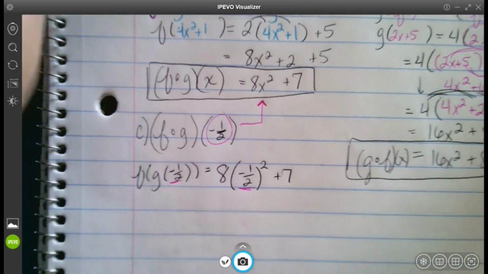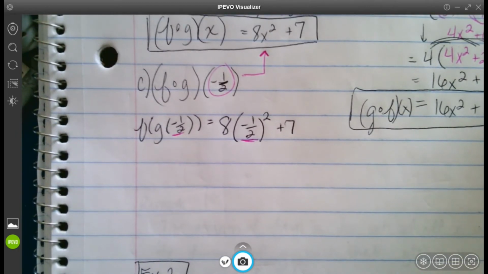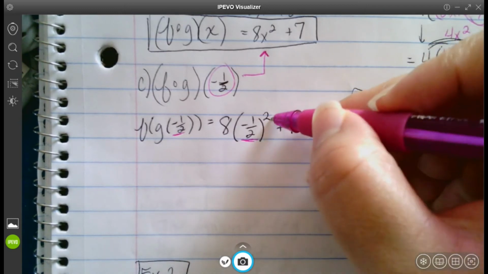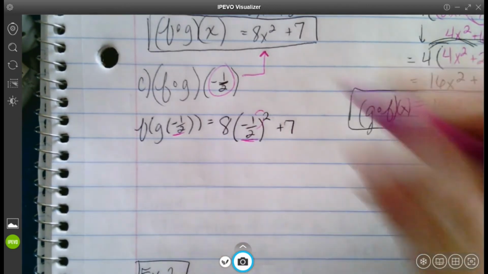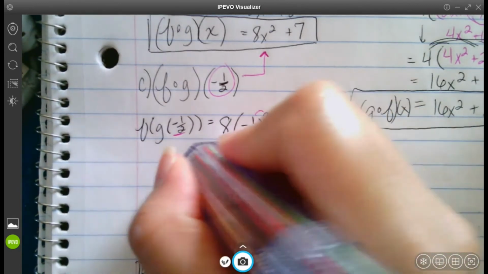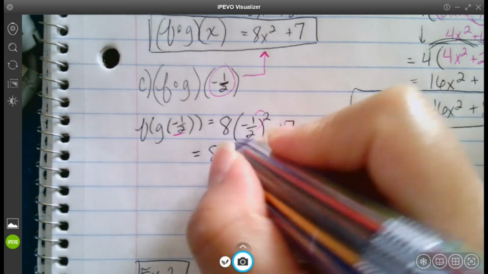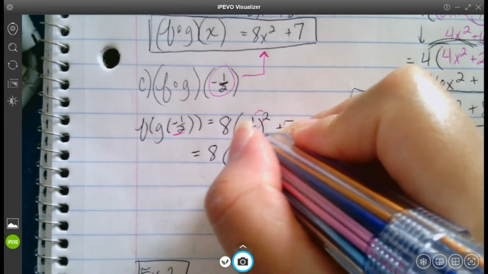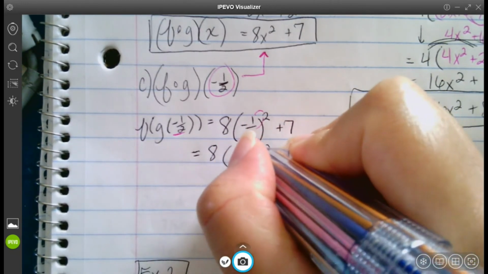And I'm glad it's a fraction because, again, we need some practice with those fractions. So we're going to go ahead and do this part first. Whenever you have an exponent and you have a fraction inside, you have to distribute it to both of them. So we have 8 on the outside, and we still have the plus 7 over here. And then this is going to be -1 squared, and then 2 squared.